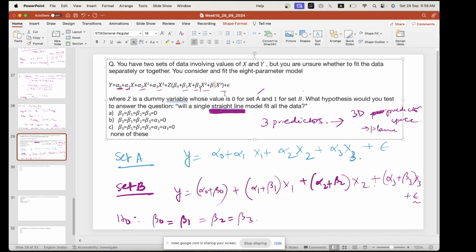So now just forget about this prediction space.